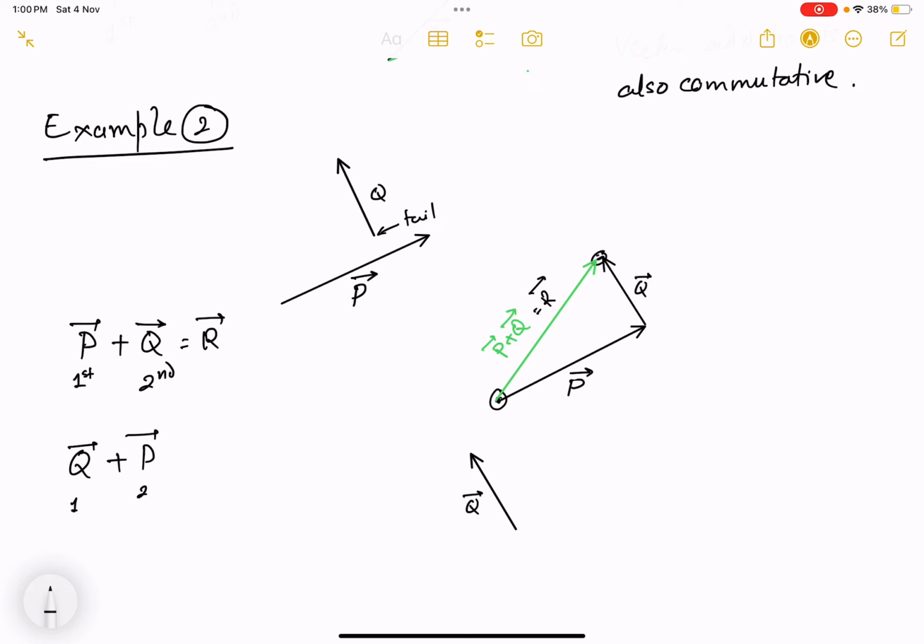you don't change the length, you don't change the direction. Be as much accurate as possible.